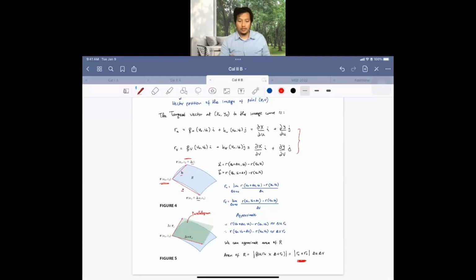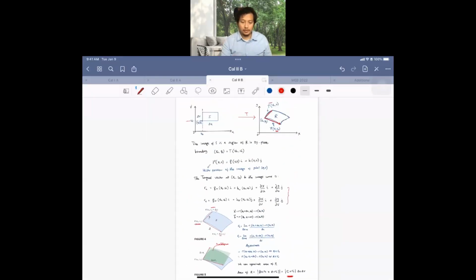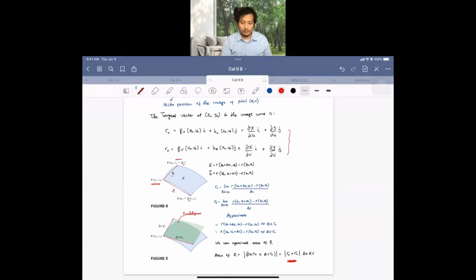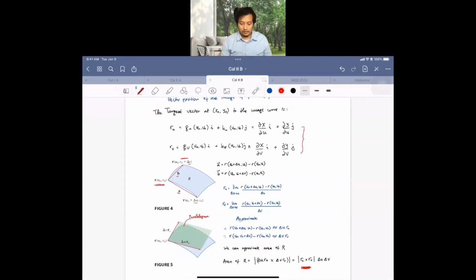Okay, let me just take time, give me a few minutes for writing these notes. The important note is the parallelogram, and then the approximations, the limit definitions.